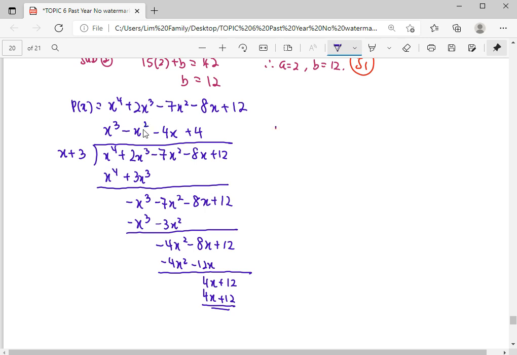So you can see by inspection, when x equals 1, 1 minus 1, this cubic will get 0 also. So it means x minus 1 is one of its factors. So we continue to do our division.